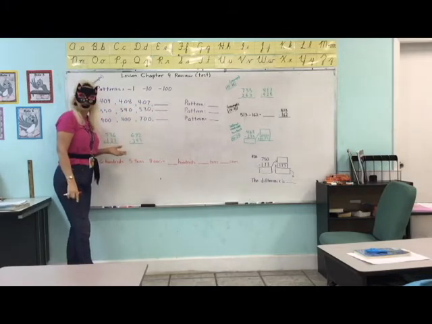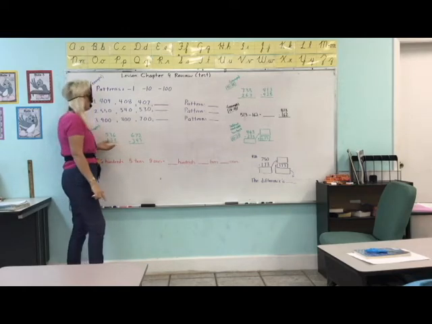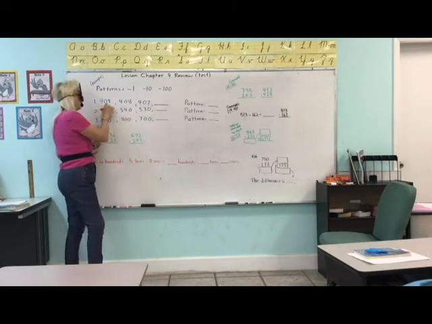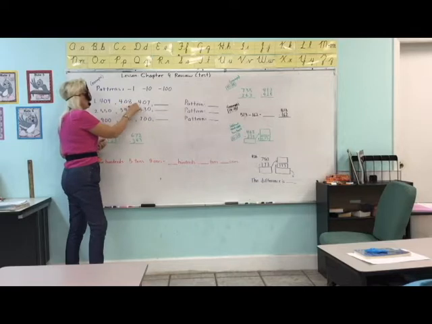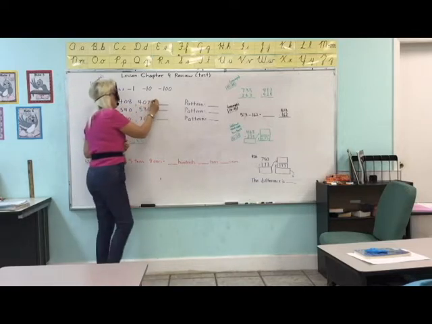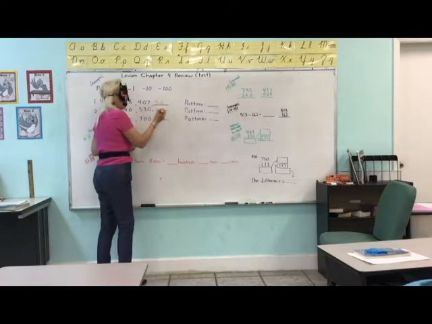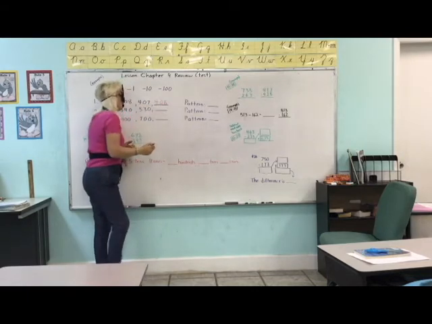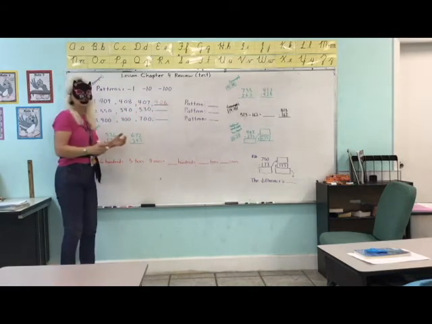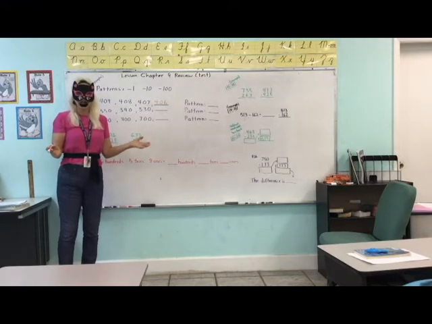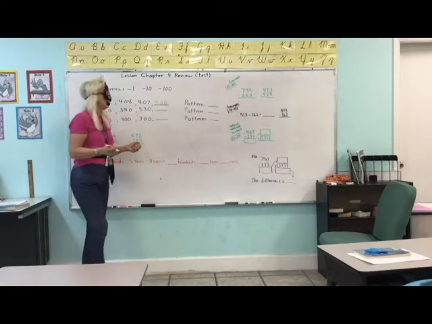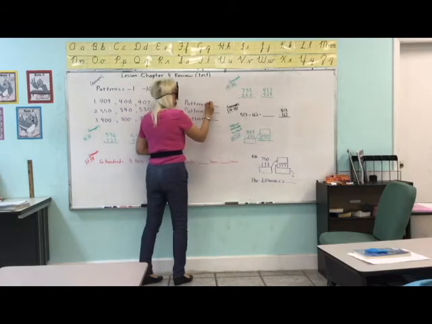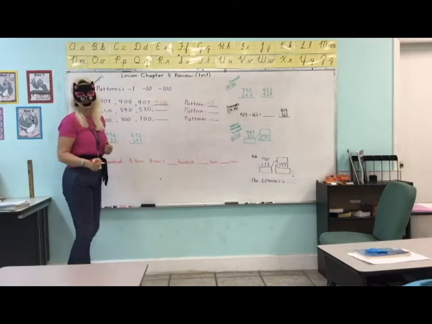Can you see the pattern is changing? So what will be the next number? 409, 408, 407, or 40, you're right, 6. So it looks like the only thing that has changed is the ones, and it has been subtracted each time. So the pattern is -1.